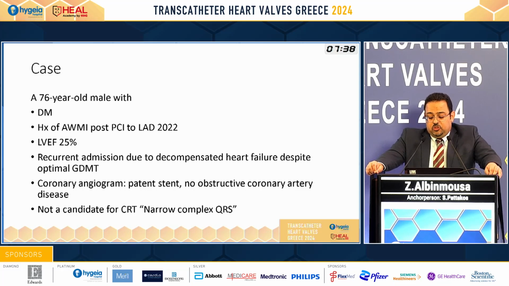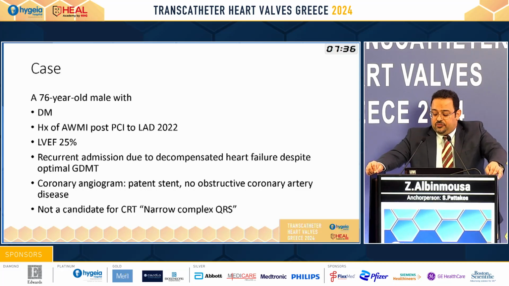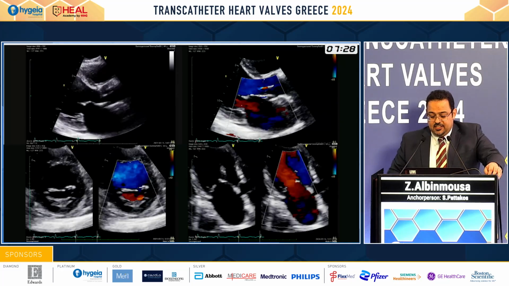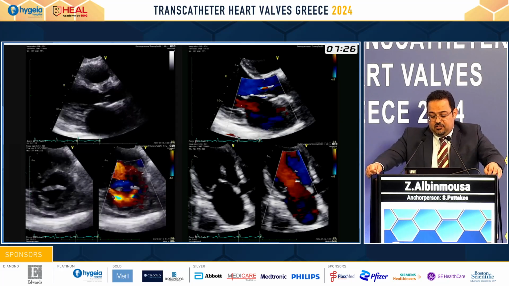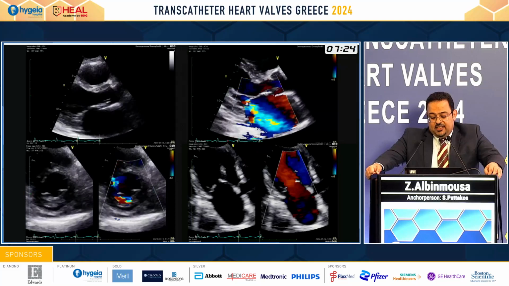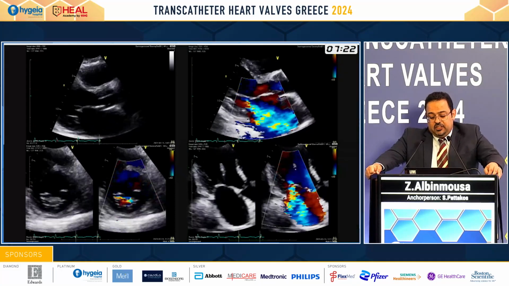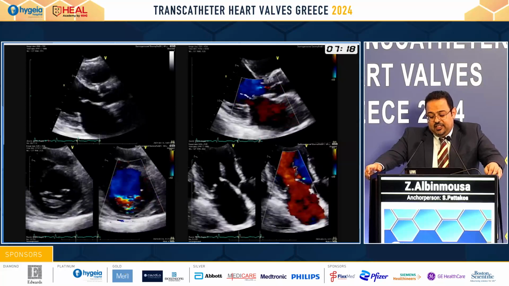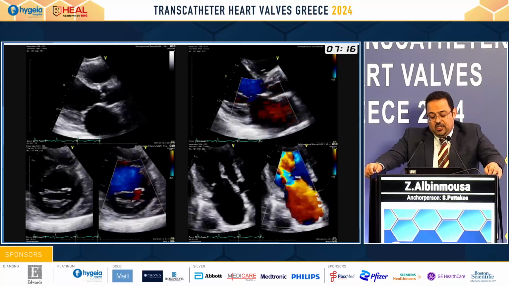Recent coronary angiogram showed patent stents with no obstructive coronary artery disease. Not a candidate for CRT because he has a narrow complex QRS, and this is his transthoracic echo. You can see severely reduced LV function, dilated left ventricle, and it's clearly a severe MR.